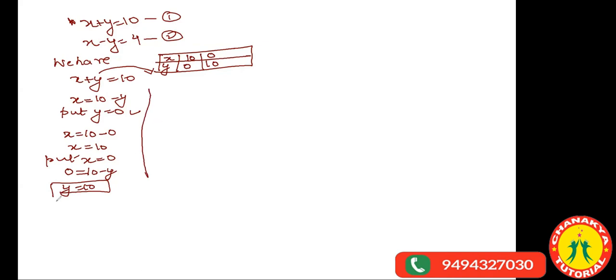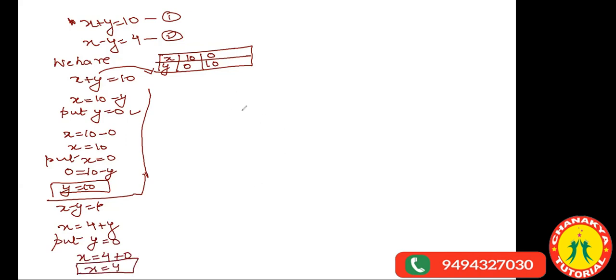The second equation, here I will solve. x minus y is equal to 4, or you can write x is equal to 4 plus y. May I write like this? Now put y is equal to 0, then the value of x is 4 plus 0, so the value of x is 4.